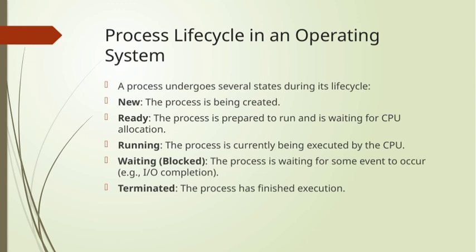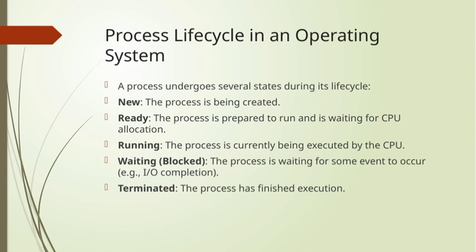When the CPU starts executing the process, it enters the running state. This is the active phase where the process is actually being carried out. Sometimes, a process needs to wait for some external event, like completing an input-output operation. During this time, it enters the waiting or blocked state. It's temporarily paused until the event it's waiting for occurs.